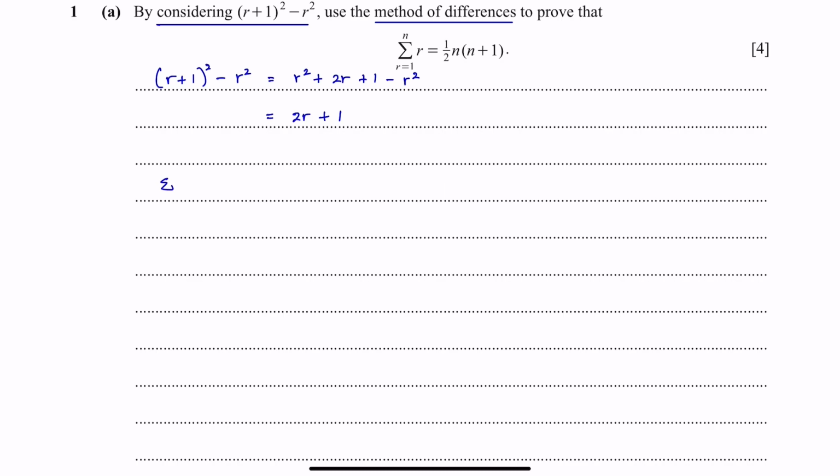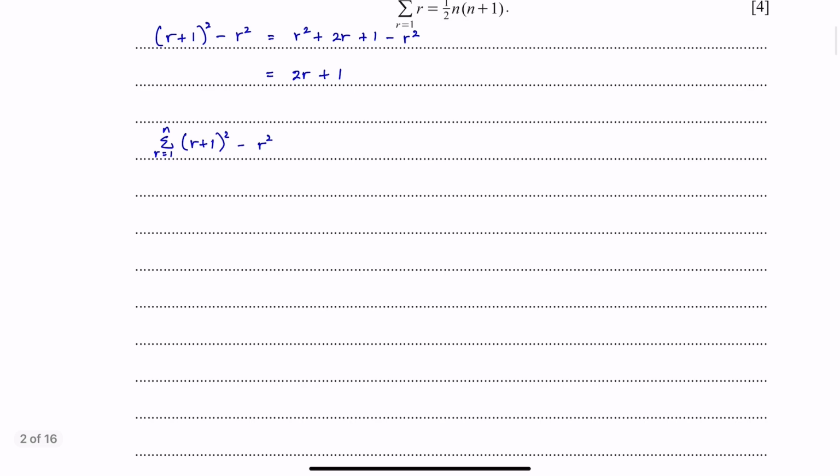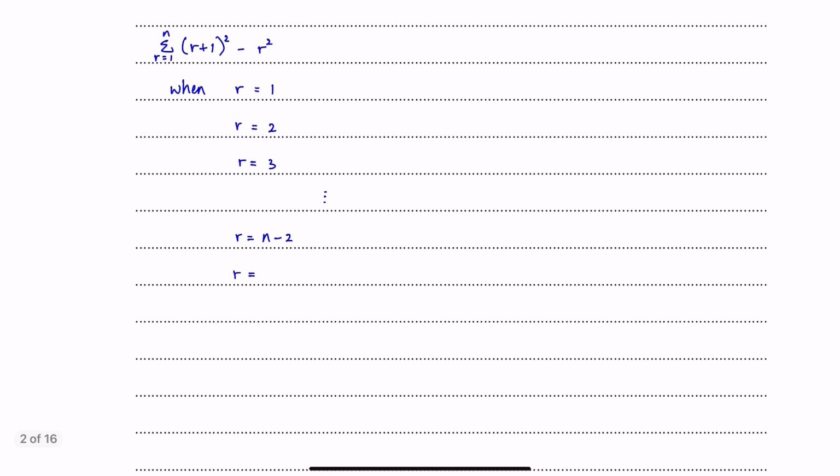So the summation of r plus 1 squared minus r squared. For the method of differences, we just need to consider r equals 1, r equals 2, r equals 3, and so on. And for the final few, we can do r equals n minus 2, r equals n minus 1, and r equals n.